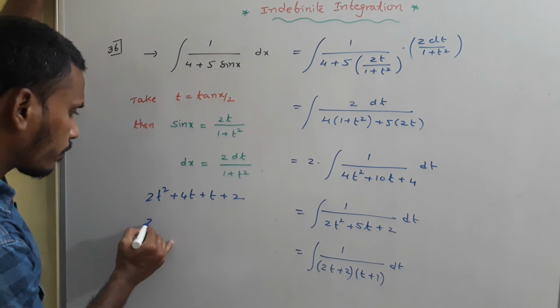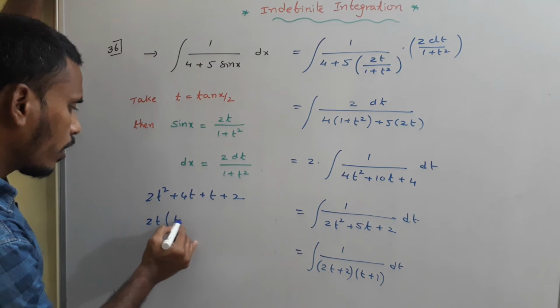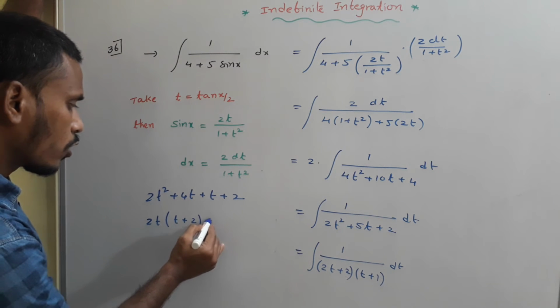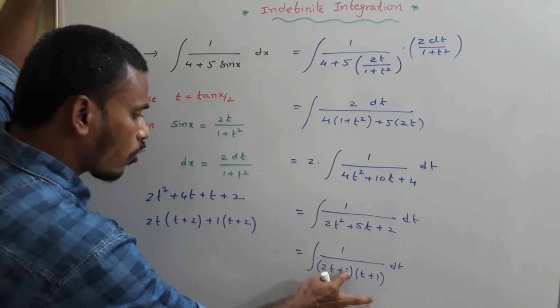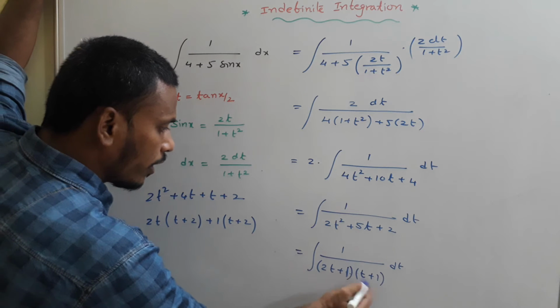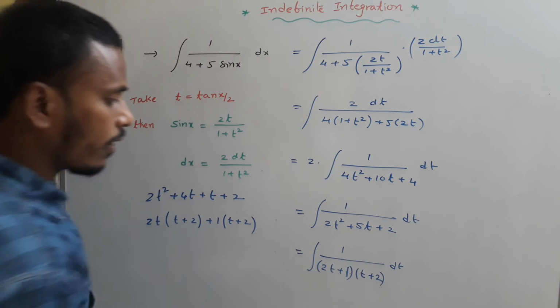How to proceed? If you pick out 2t, you are left with t plus 2, right? So plus 1 into t plus 2. So this is the factorization: 2t plus 1 into t plus 2 dt, right?